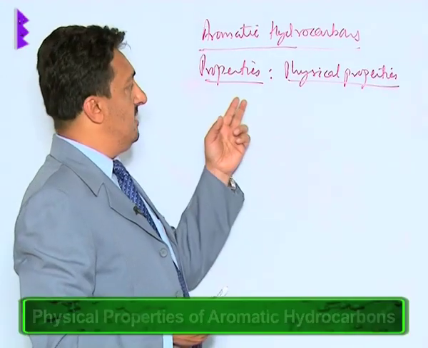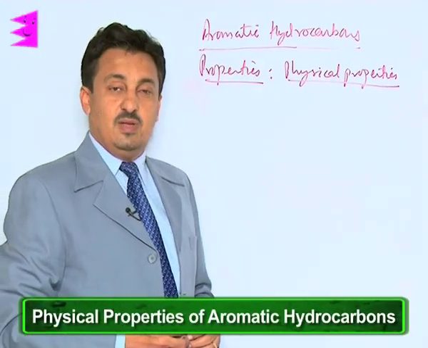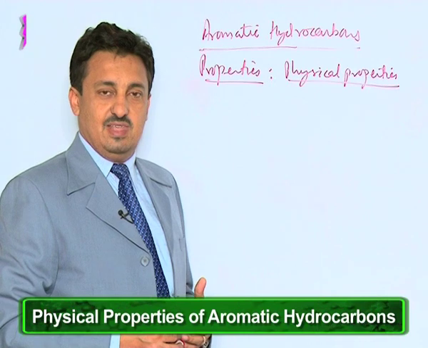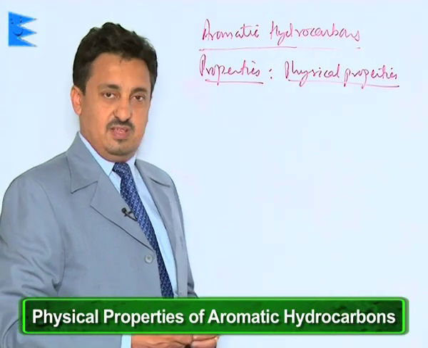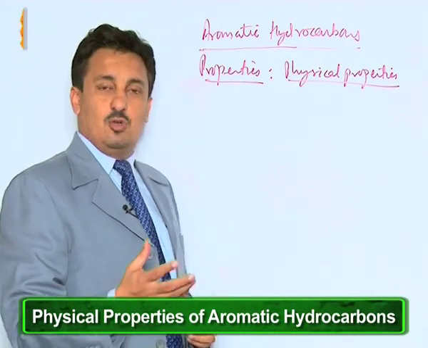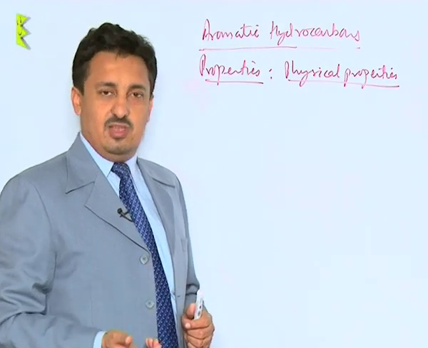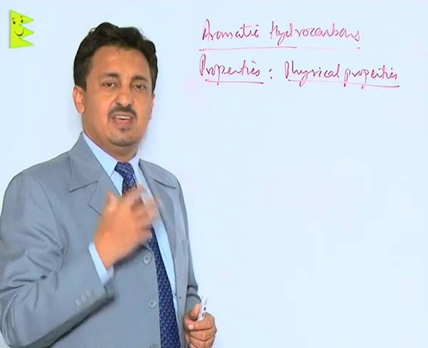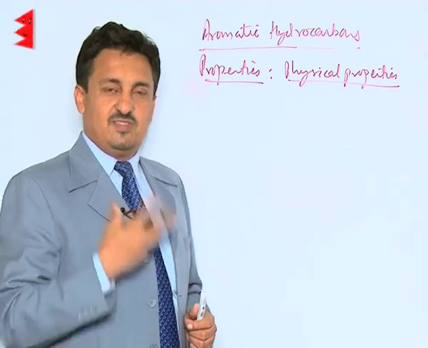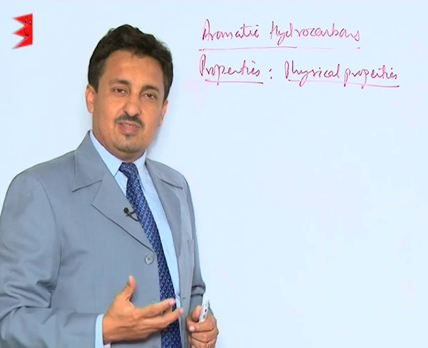Now let us see the properties of the aromatic hydrocarbon, the benzene, which we have in our syllabus. Let us see first its physical properties. The aromatic hydrocarbons usually are non-polar, colorless liquids or maybe solids, but having a very characteristic smell or aroma. You must have seen the naphthalene balls.